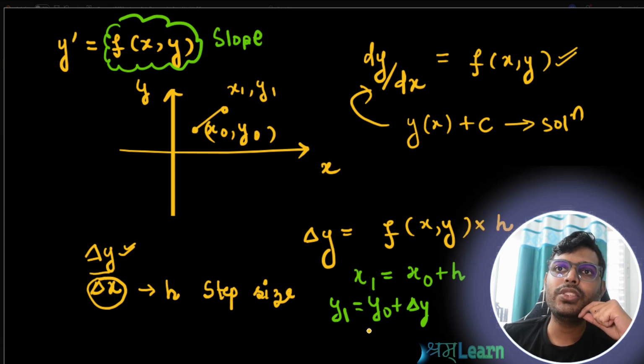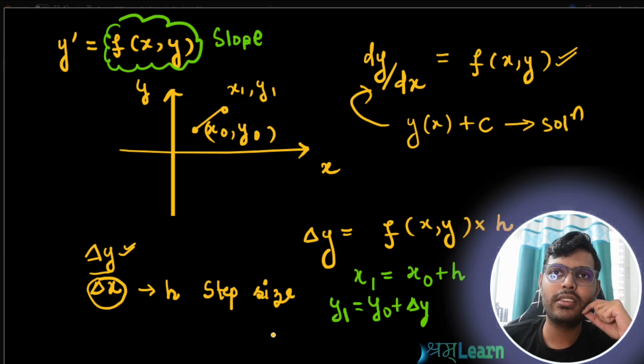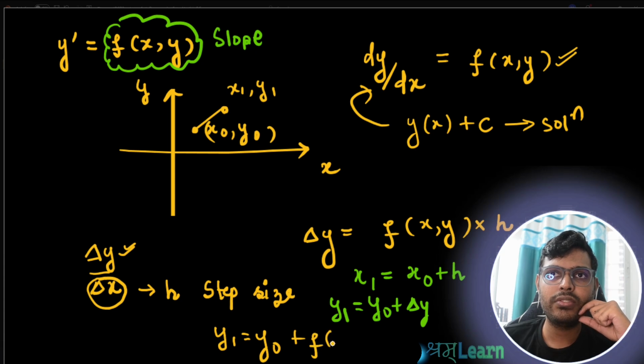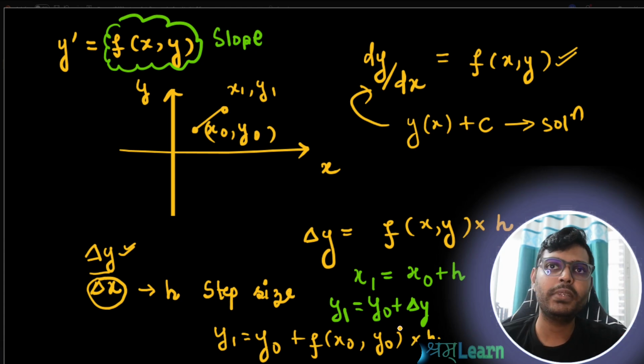So what is delta y? Delta y is something we have computed, right? That is nothing but y naught plus f of x naught y naught into h. Okay, so that's pretty much it.